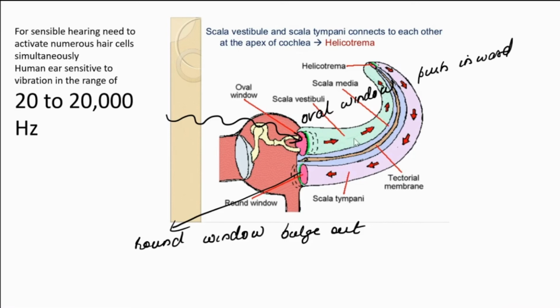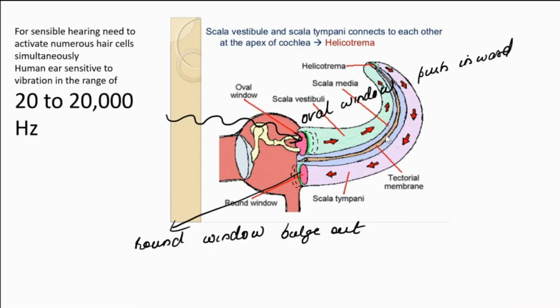As the fluid present in the scala vestibuli moves, it exerts pressure over the basilar membrane, and that pressure results in the movement of the hair cells present in the organ of Corti, which is located in the scala media.